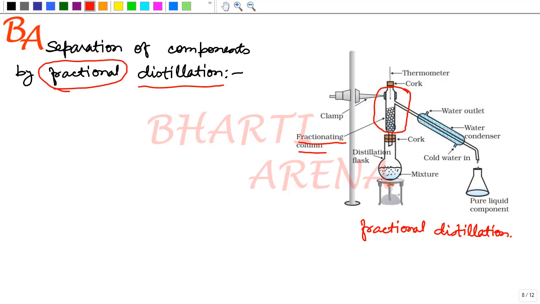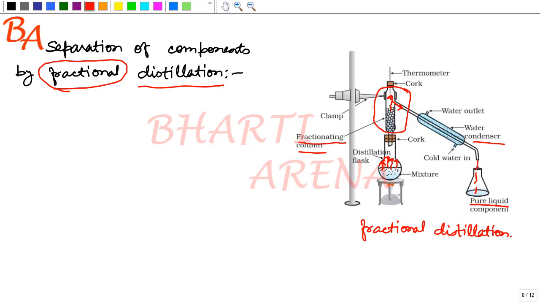Otherwise all the process is the same. This is the mixture from which almost both will be evaporated, but the component having the lower boiling point would be able to pass through this fractionating column, and this vapor will go into the condenser, where it is liquefied and drips into this flask.